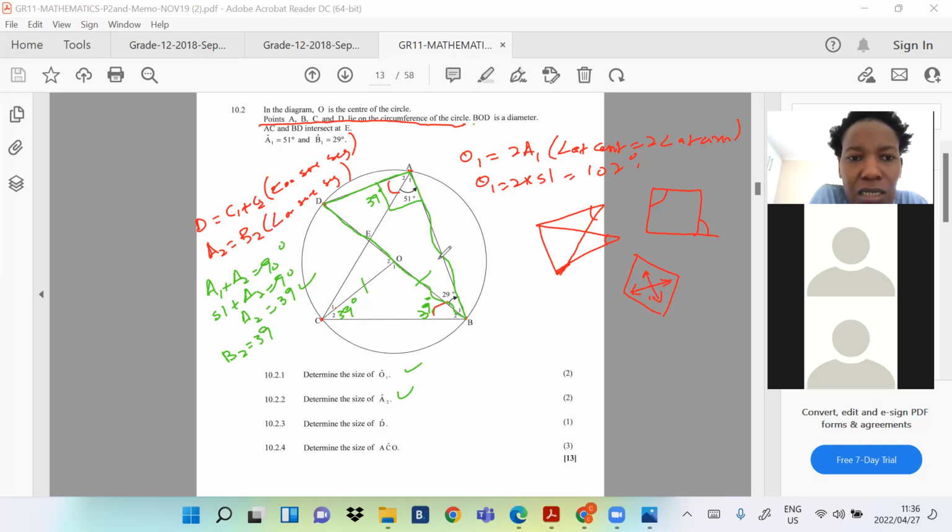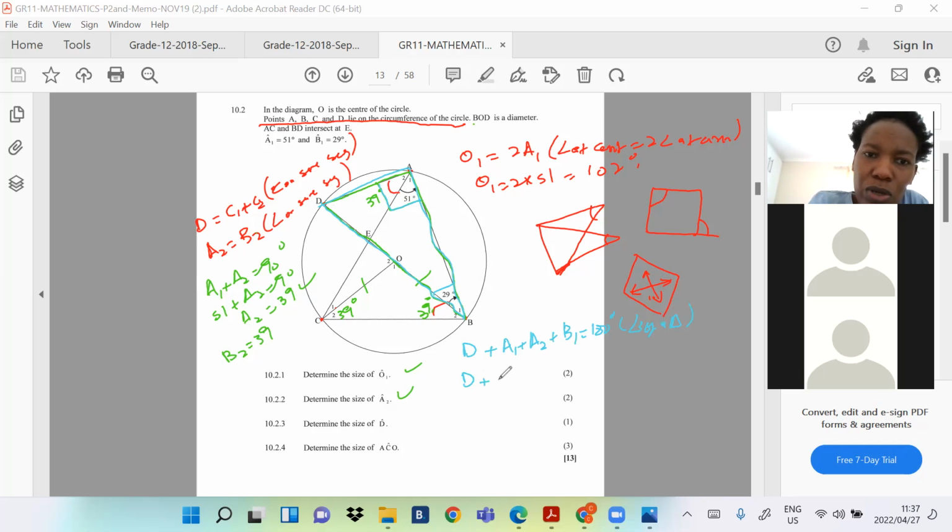So they want D. Where is D? Can you see D is inside a triangle? It's inside this triangle. And in that triangle, we have a 90 degrees, we have a 29. So D plus A1 and A2 plus B1 is 180, angles of a triangle, right?